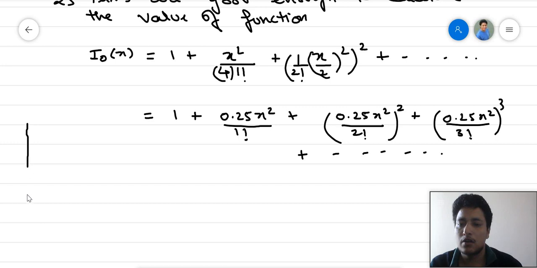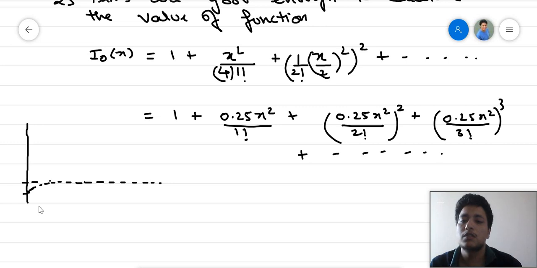So it starts like this. It will have a value 1, and then it will sharply go to some value which will be very small.